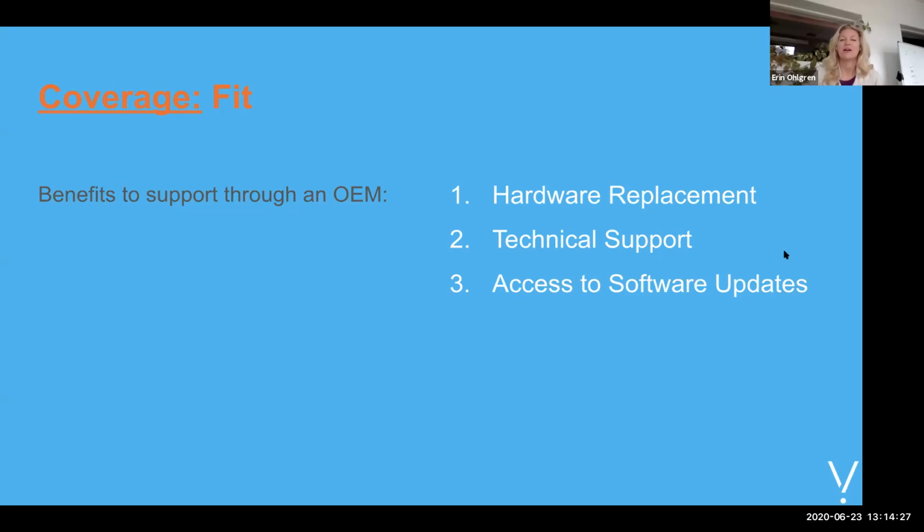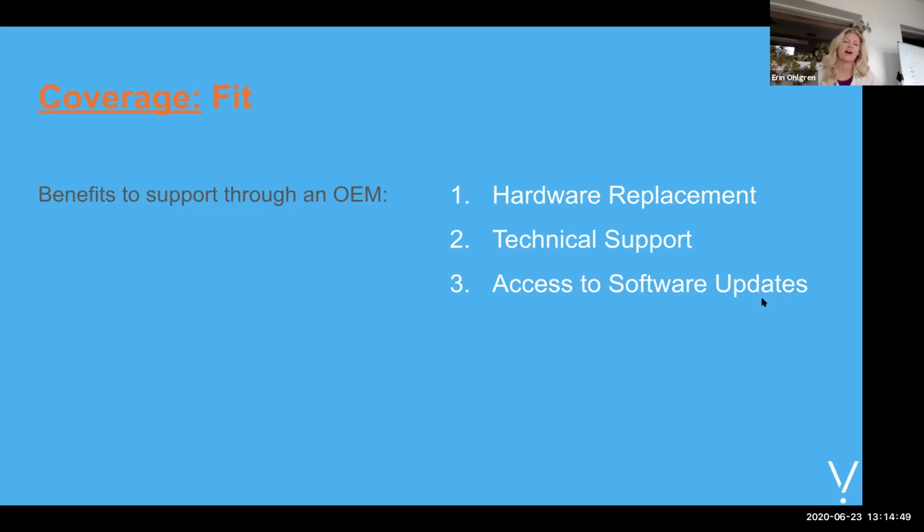Thanks, Hunter. As you start to consider the possibility of third-party maintenance, it's good to take a step back and look at the benefits that you receive from any maintenance contract. From an OEM maintenance contract, you receive hardware replacement warranty, technical support, and access to software updates.